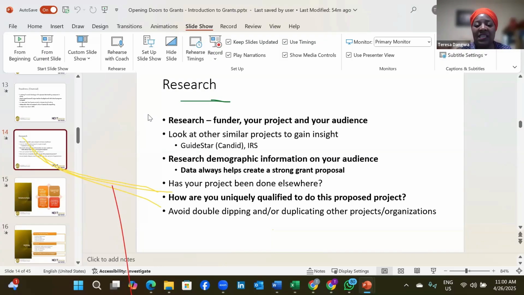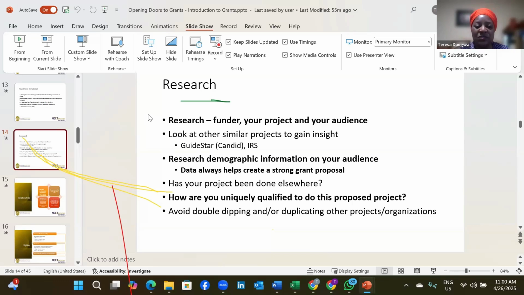Take a look to see, is your project being done elsewhere? And what makes your project stand out? Why is your project needed in your community? If there are 5 other organizations in your community that have a food pantry, for example, why is your food pantry needed in your community?